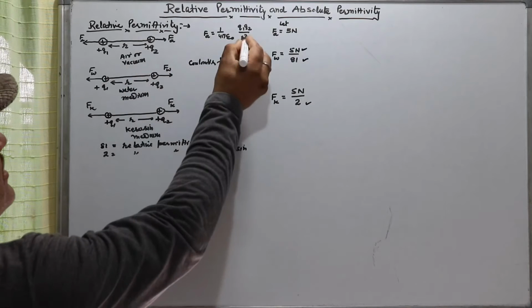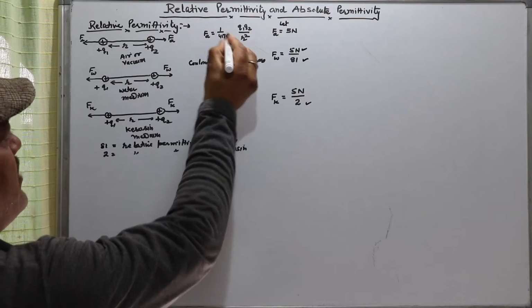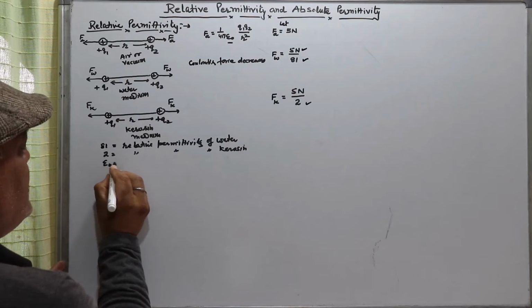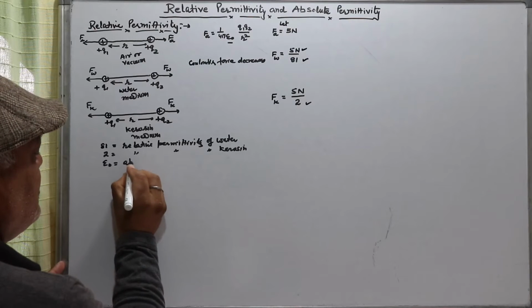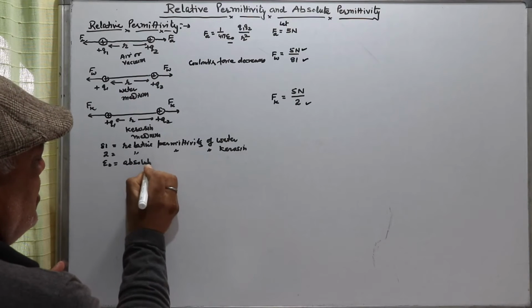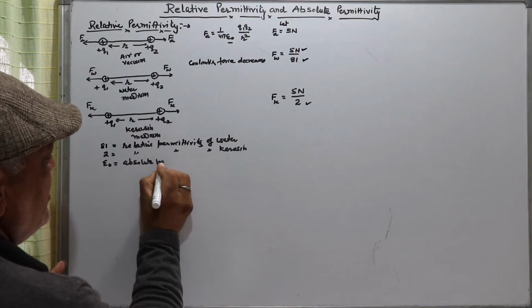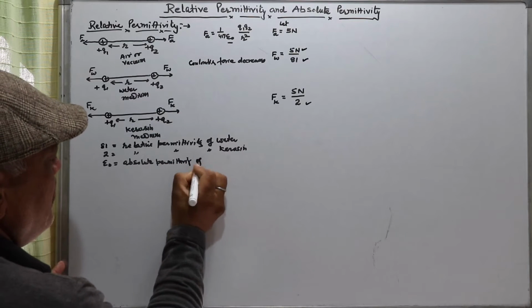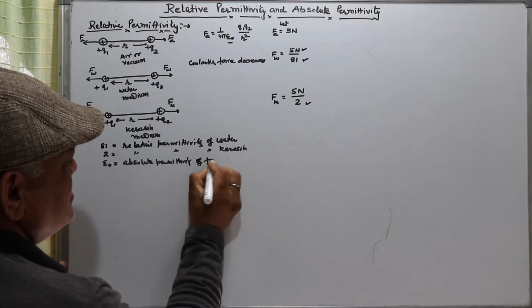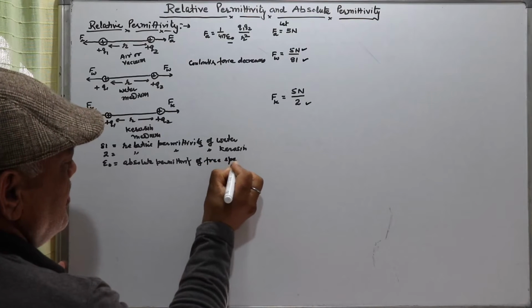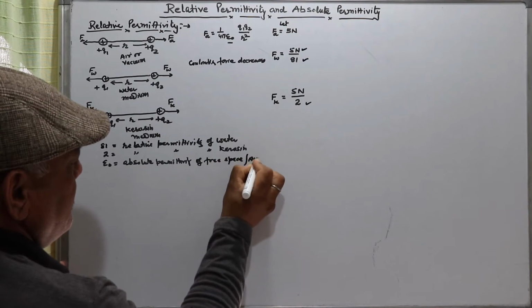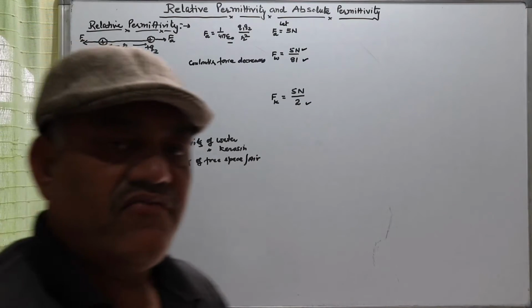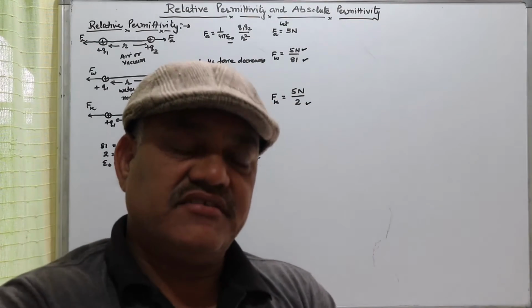And here epsilon naught, ये यहाँ पे epsilon naught आया. Epsilon naught is absolute permittivity of free space or air.